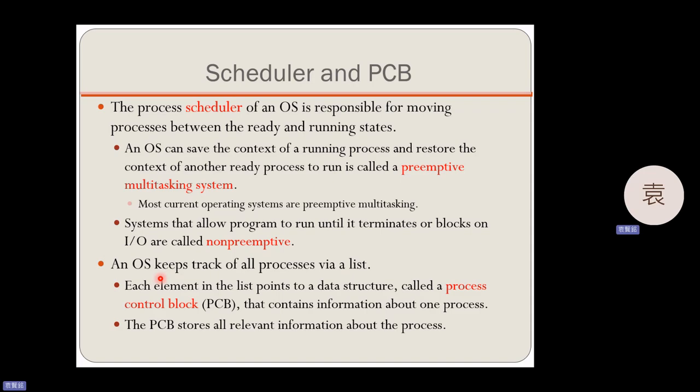The operating system keeps track of all processes through a list, or lists, of data structures. Each element in this list is a data structure we call the process control block, which contains the attributes of each process.